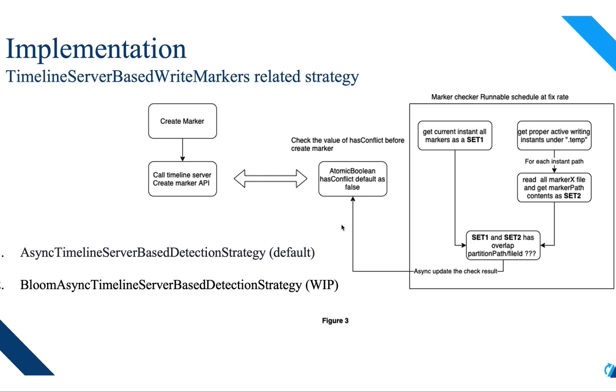On the timeline server side, there's a marker check runnable thread, which periodically checks the conflicts between the markers in memory created by the current writer and the markers persisted to the storage created by other active writers. If any conflict is detected, this thread updates the value of has conflict, which is used to respond to the marker creation request.